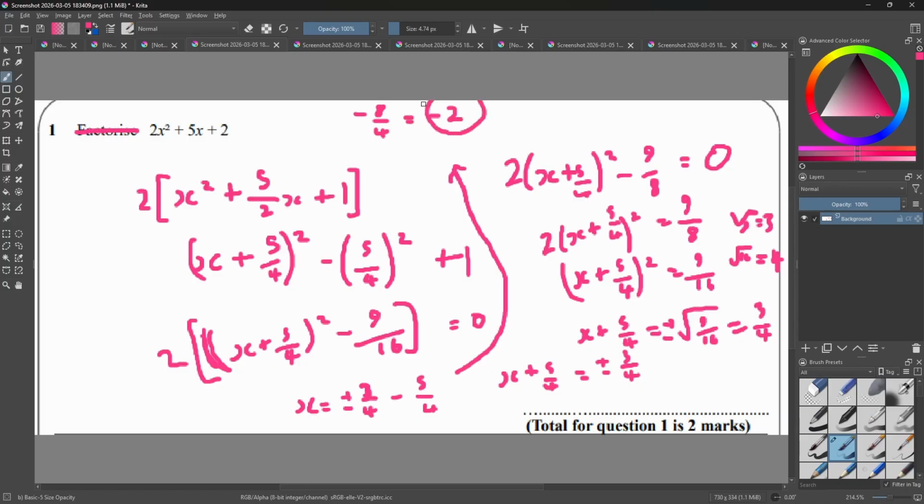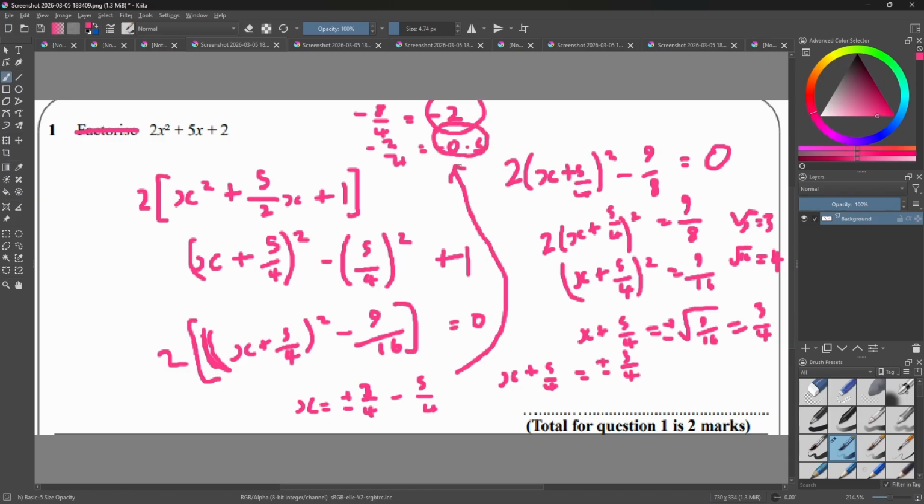So that's one of our solutions. And then plus 3 over 4 minus 5 over 4 gives us minus 2 over 4, which equals minus 0.5. So that's our other solution.